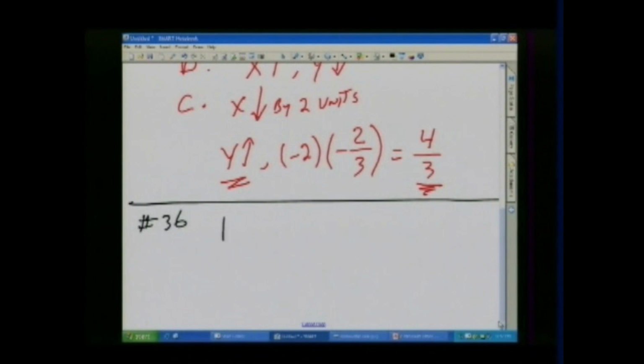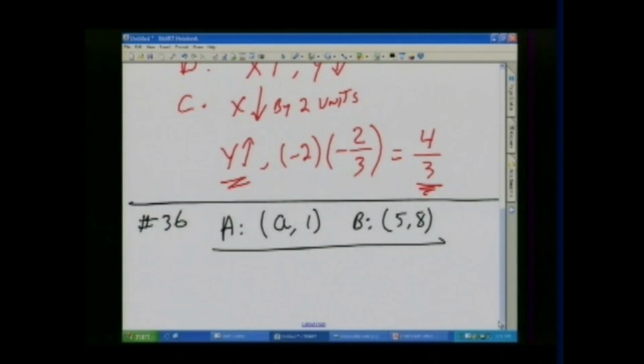Let's say point A. Point A has the coordinates of a and 1, and another point, point B, with the coordinates of 5 and 8, and it is parallel to a line passing through another point, point A prime, with the coordinates of 4 and 9, and another point B prime with the coordinates of a plus 2 and 1.